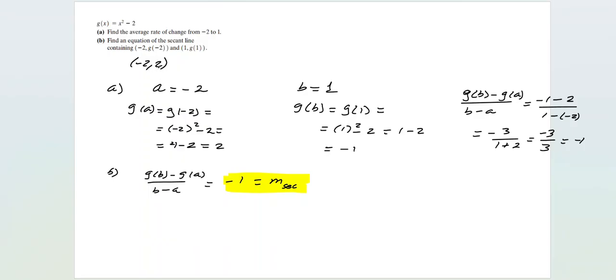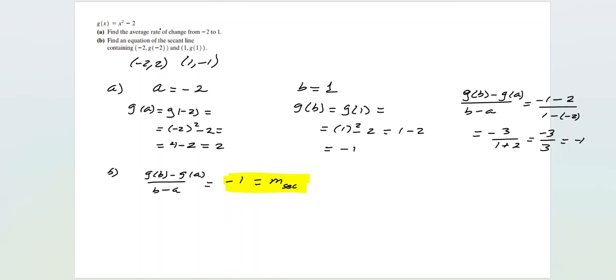So the point minus 2 comma 2 is a point on the graph of g of x. The other point, 1 comma g of 1, is 1 comma minus 1, right? So we have 2 points that are on the function g of x, and my secant line passes through those points and has a slope of minus 1.